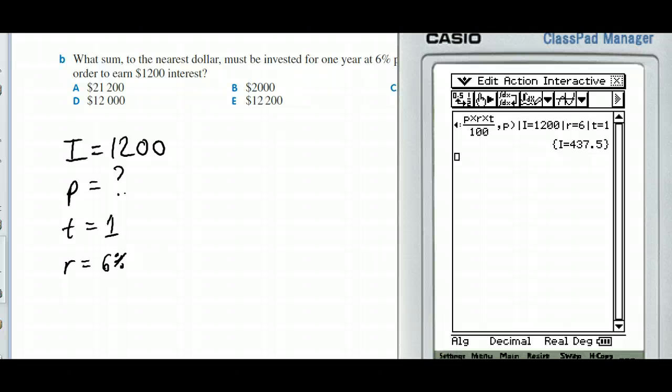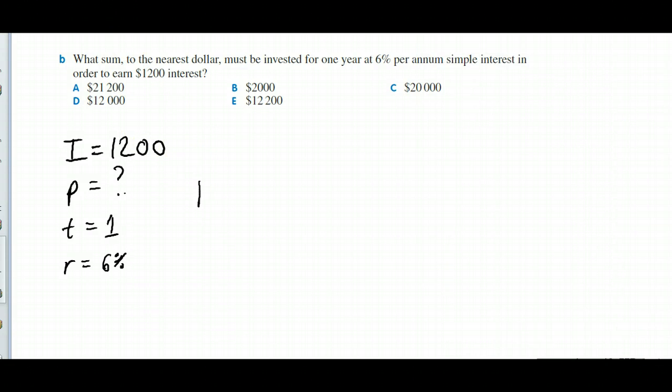Sure, it's just 1, not 1.5. And there we go. We know the principal amount that we need is $20,000. So P must equal $20,000 in order to get that amount of interest. And there it is, answer C.